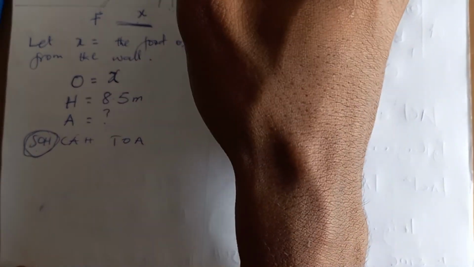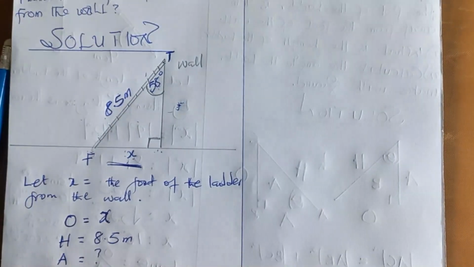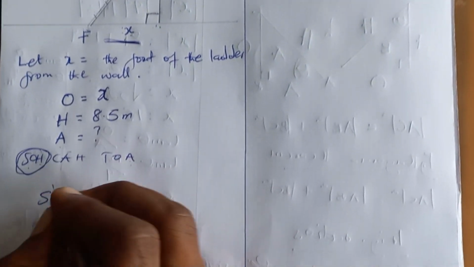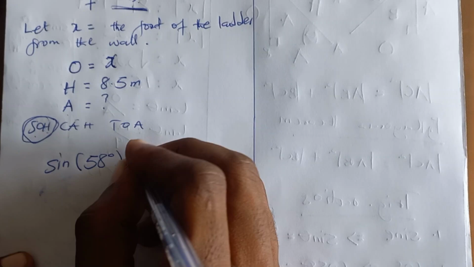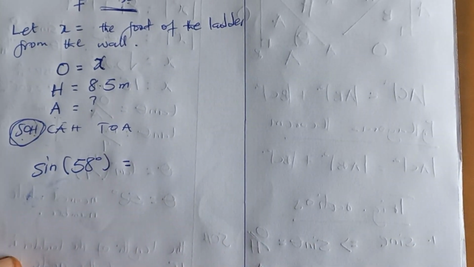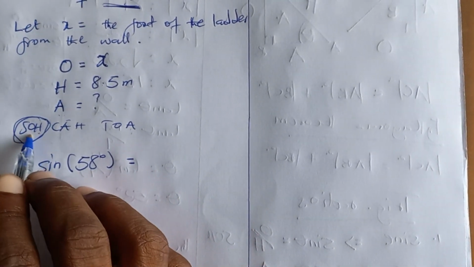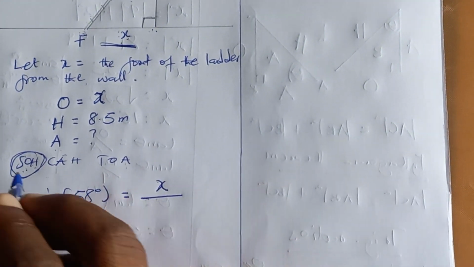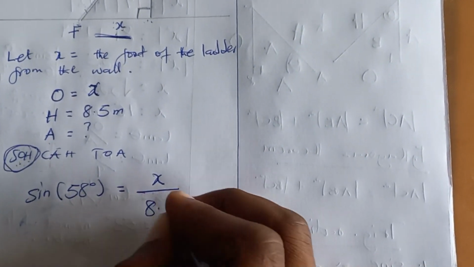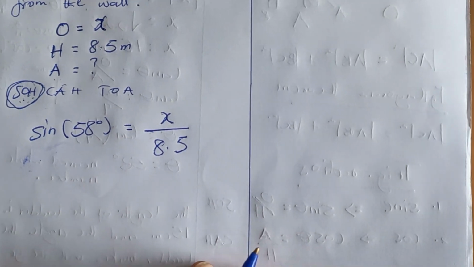So with relation to the angle, you can say that sine 58 degrees is equal to our opposite. So opposite is x, on our hypotenuse, which is 8.5. So we need to simplify things here.